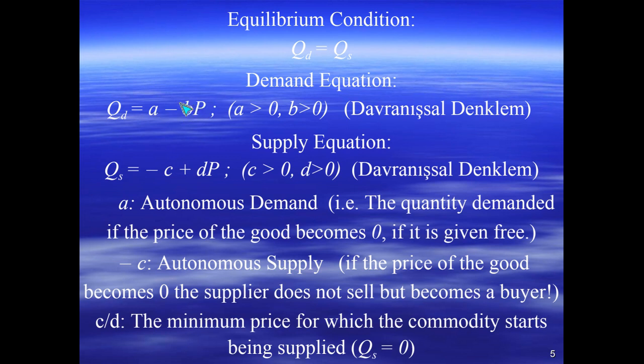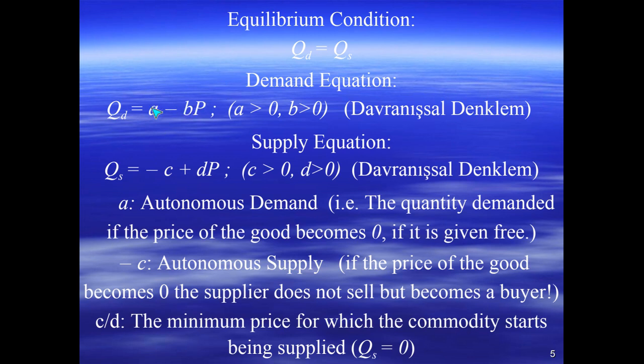Even when the price is zero, minus BP is zero, so QD equals A. This is a constant value, which means there is perhaps a highest quantity of this good which people would buy, even if the price is zero.